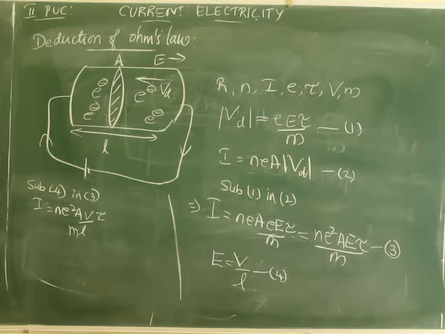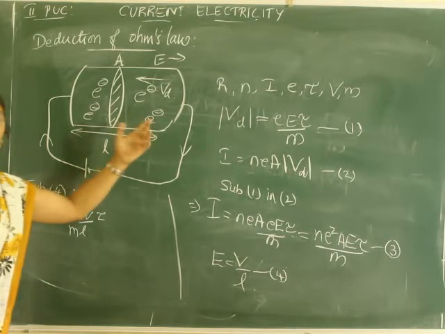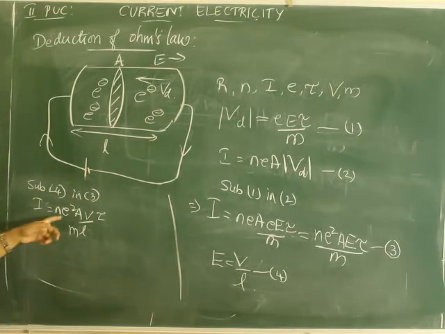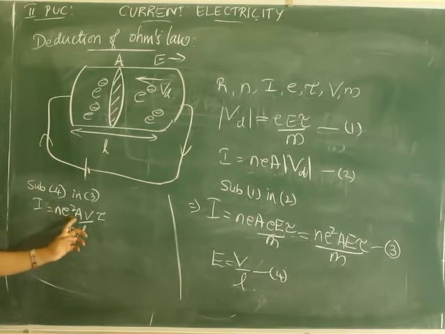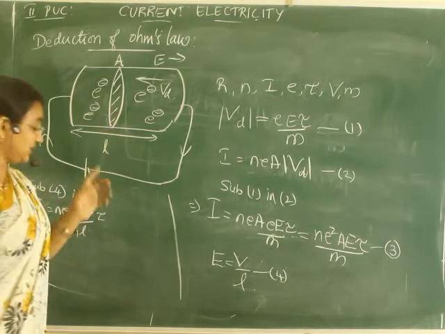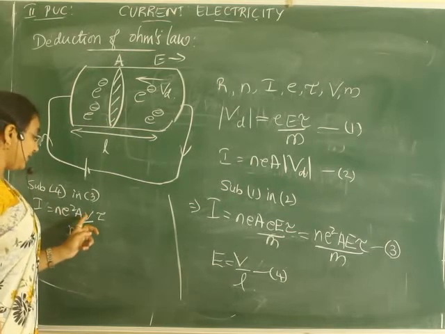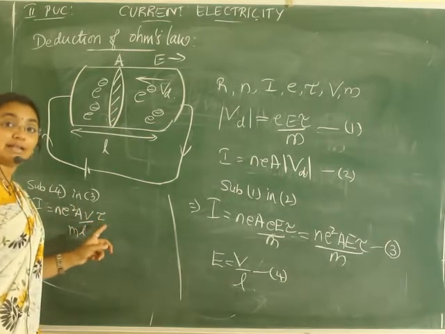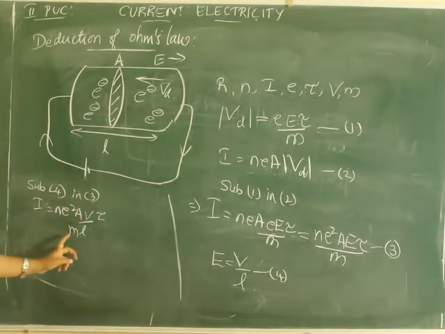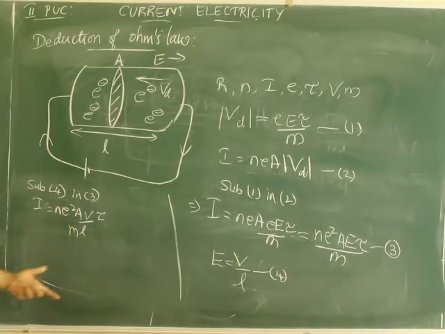Now, next question: is N constant? Yes, the number of electrons is constant. What about the charge? Yes, charge is also constant. What about the area? No, it is also constant. V changes. Tau, the relaxation time, is also constant. Mass is constant. Length is constant.